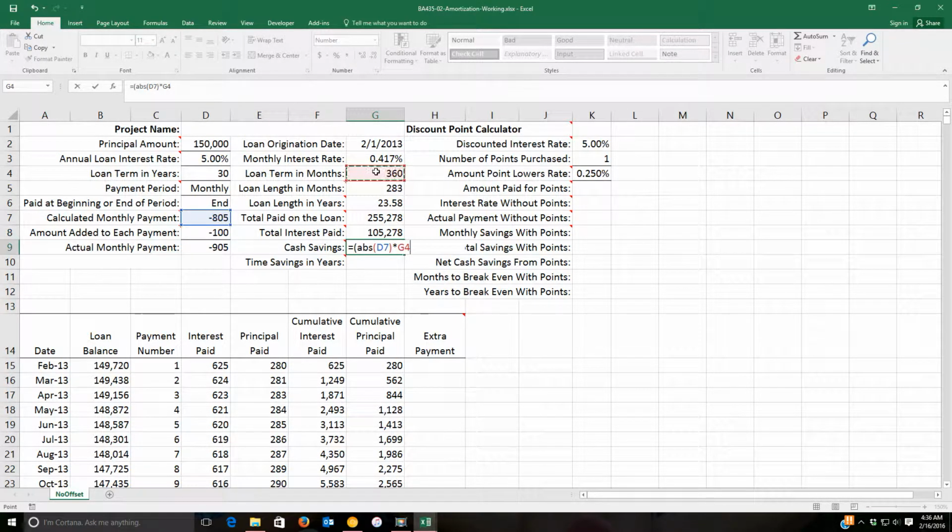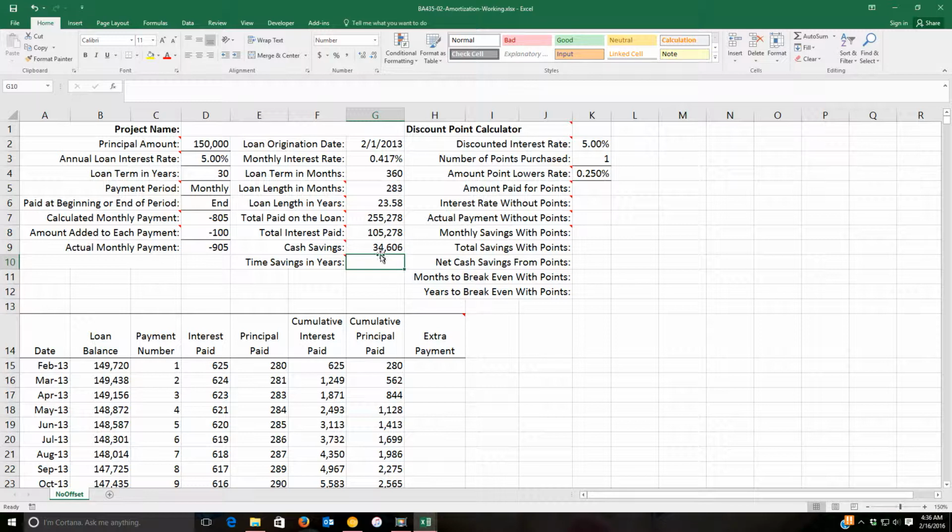That's what that would be, G4. That's what we would have paid if we just followed the terms of the loan. We have that value. So let's subtract from that the total that we paid on the loan, and that tells us what we saved by accelerating our payments just a bit.